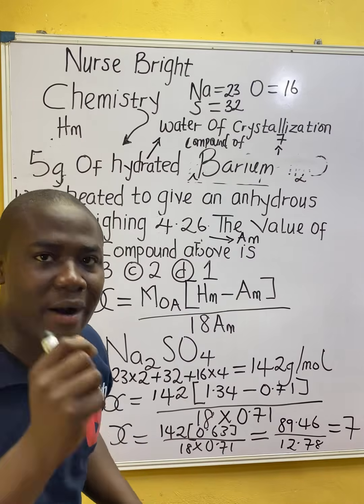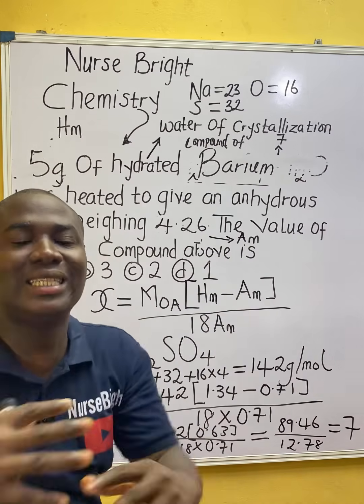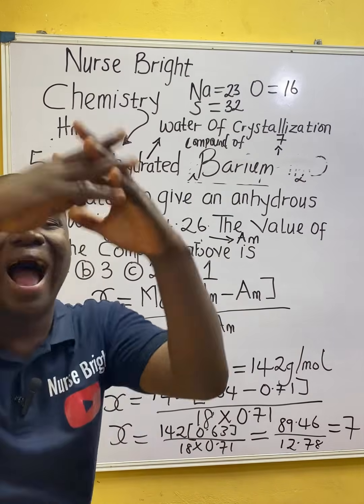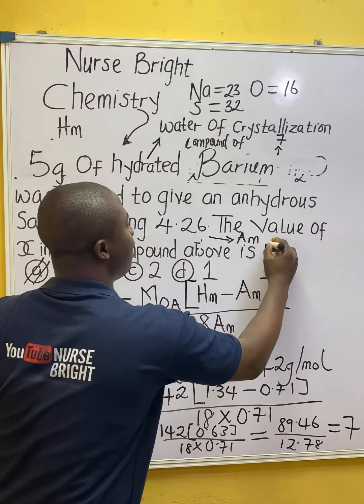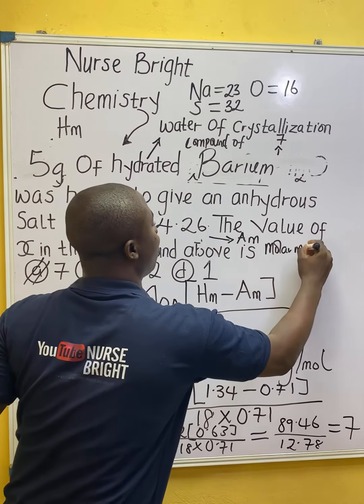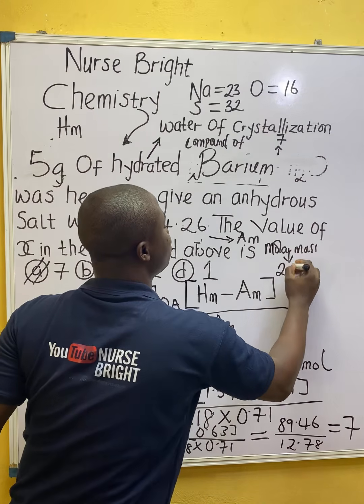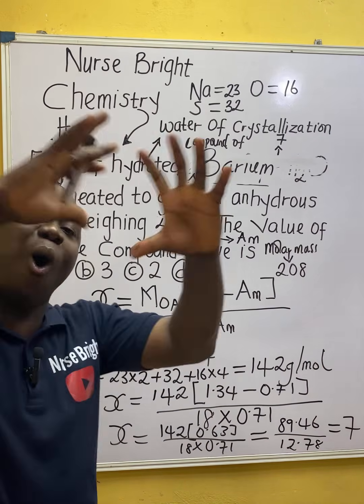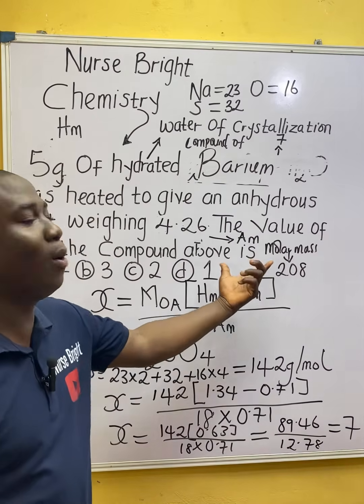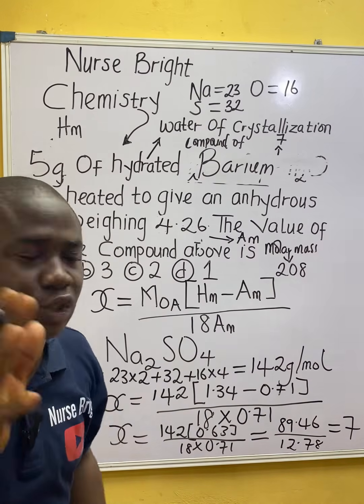But this time around, they've given us already the molar mass of the anhydrous salt. We are not to calculate for it. So just take note, the molar mass of the anhydrous salt is 208. So you don't need the presence of the compound here to get your molar mass. I've given you the molar mass already.